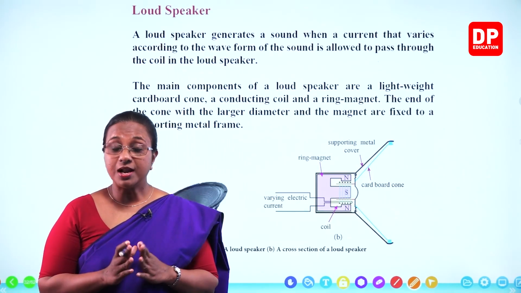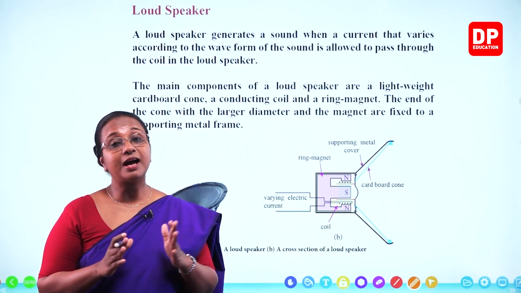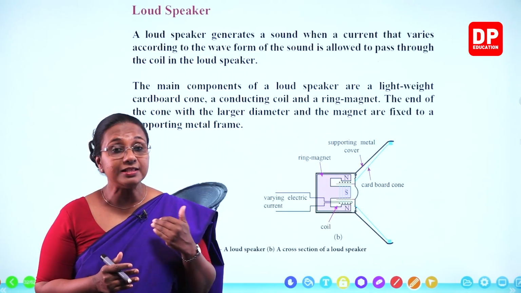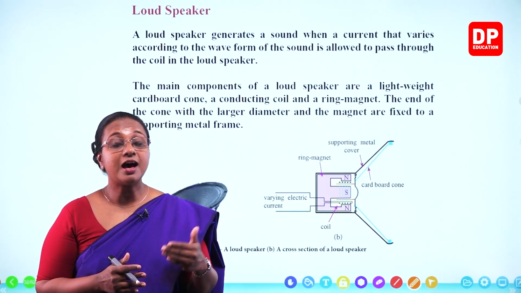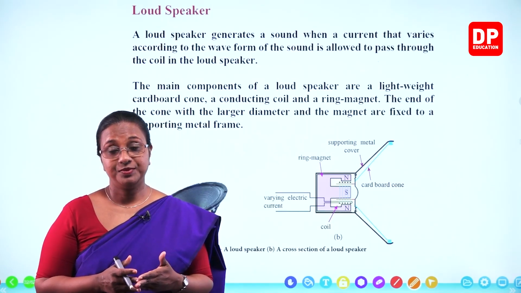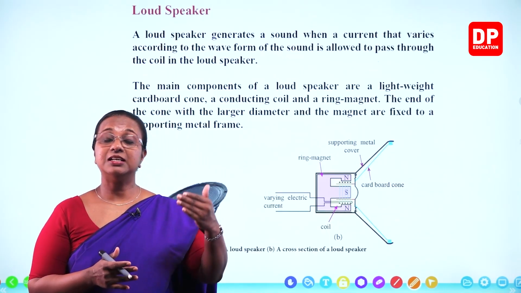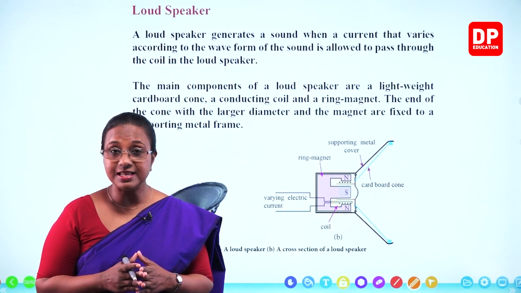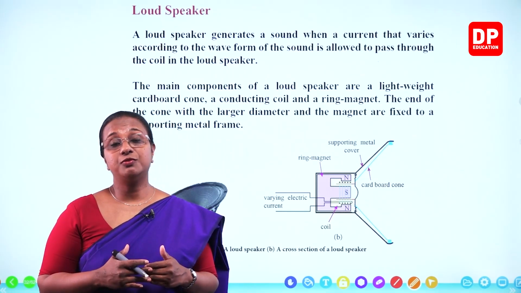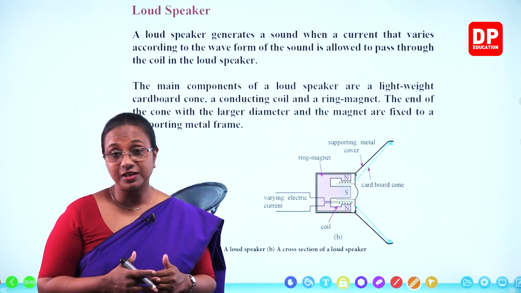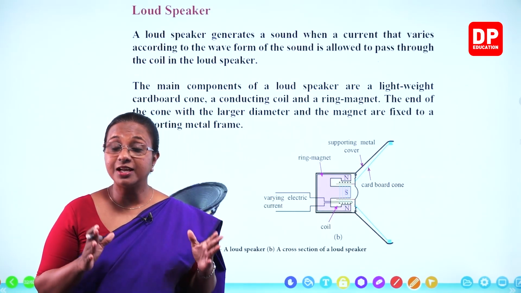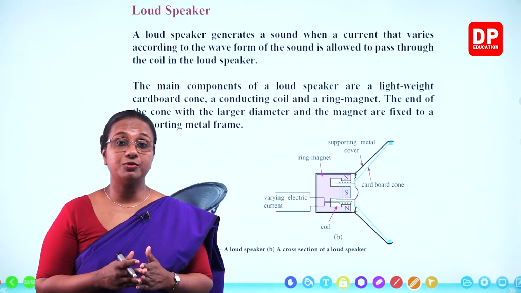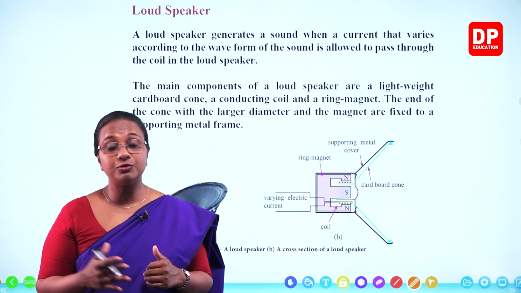Thereafter, you understood that when we place a current carrying conductor in a magnetic field and there is current flowing through it, a force is generated. And due to that force, the conductor will move. Based on that, you were able to understand the direction of the force depends on the direction of the current flow as well as the direction of the magnetic field. The magnitude of the force depends on the magnitude of the magnetic field.